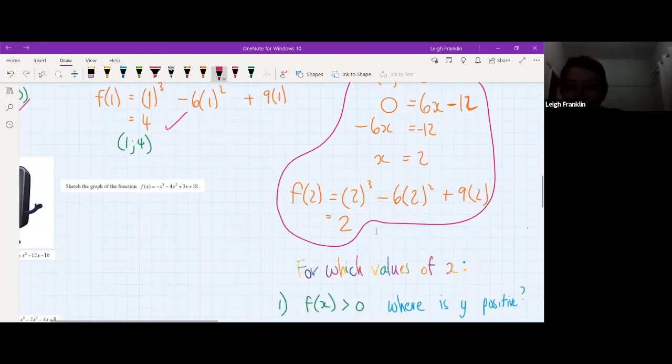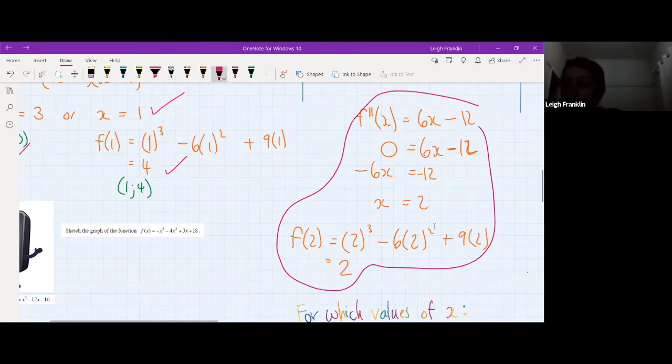All right, look here, guys. Colifelo told us that the second derivative in this case was equal to 6x minus 12.